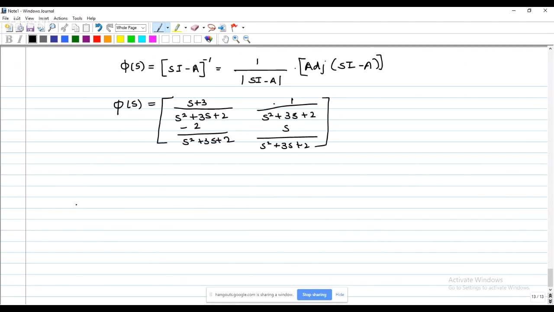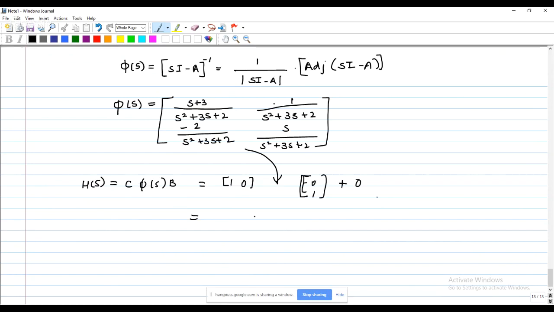Therefore, our final H of S, which is just the multiplication of the C matrix, phi of S matrix, and B matrix, will be equal to, now how will I write? C is 1 0. This is my phi of S, and then B is 0 1, plus 0 because D is 0.